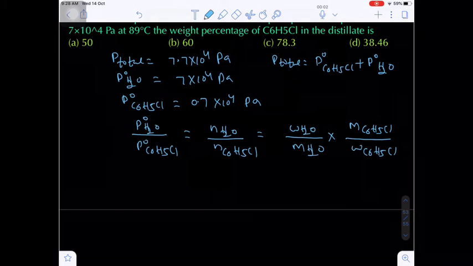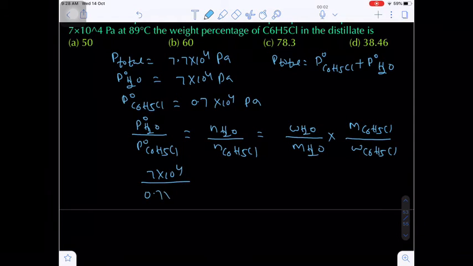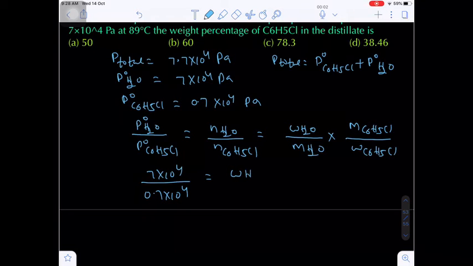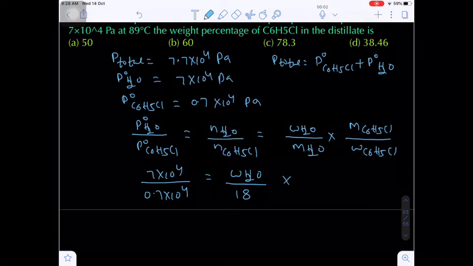Now here, the vapor pressure of water is given, that is 7 into 10 raised to 4, upon chlorobenzene, 0.7 into 10 raised to 4, which is equal to weight of water divided by molecular weight of water 18.